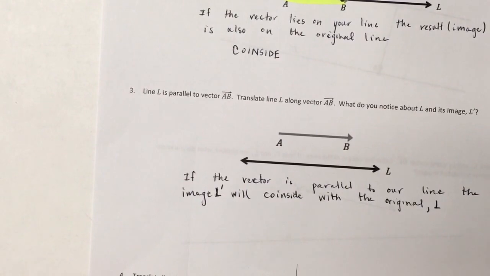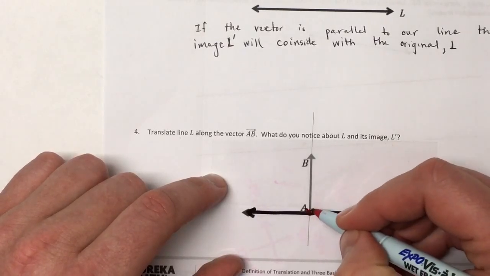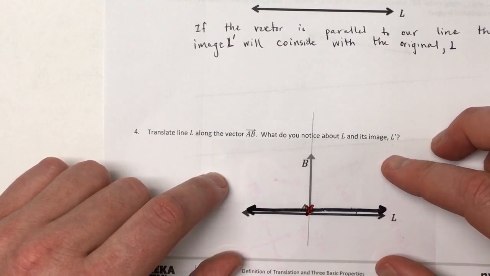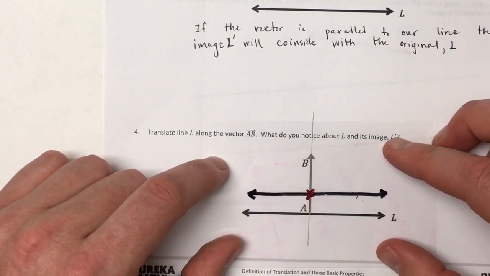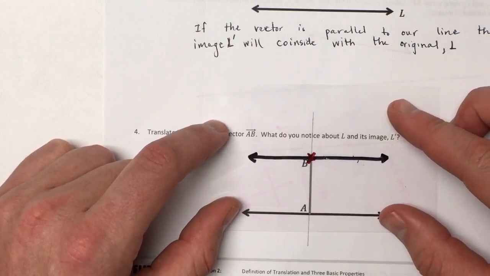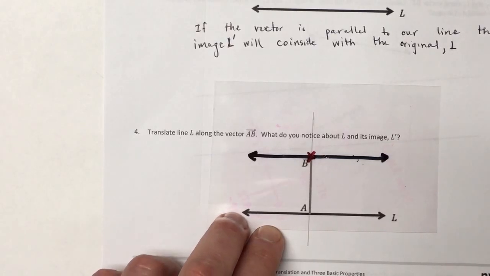So I'm going to give myself a starting point with this red marker. We'll mark it with an X. And it says shift it up. So if I keep it exactly as it is and I just shift it up the vector AB, what do you notice about L and its image?